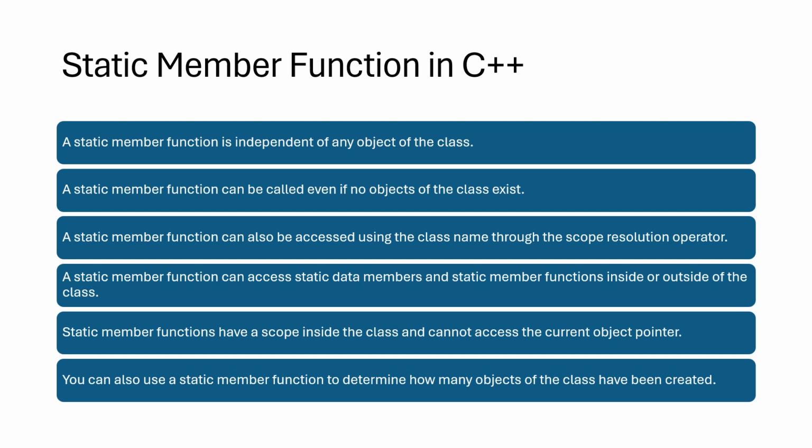Outside the class, we can use the scope resolution operator to access those member functions. So there is no problem accessing these functions. A static member function has scope inside the class and cannot access the current object's members. You can also use a static member function to determine how many objects of a class have been created. For a class, many objects can be created and we can keep count through the static member function.